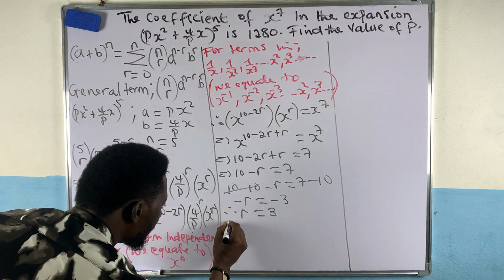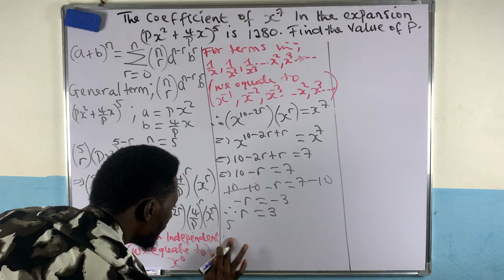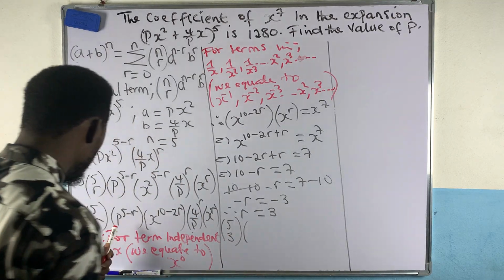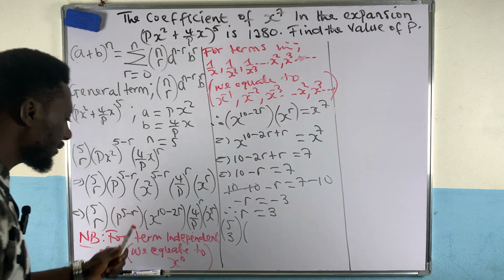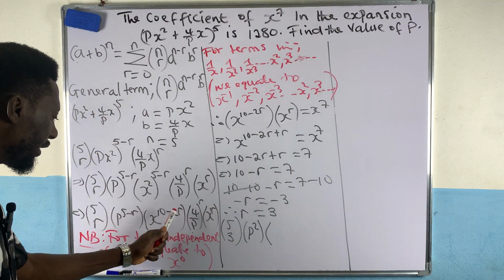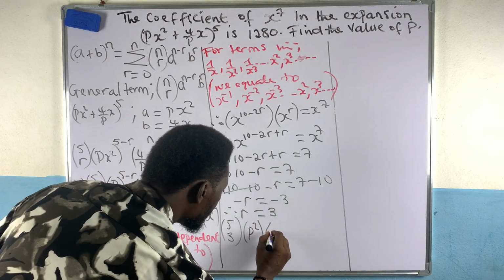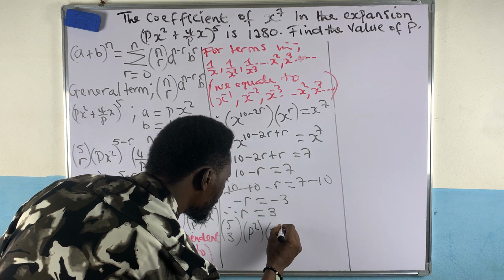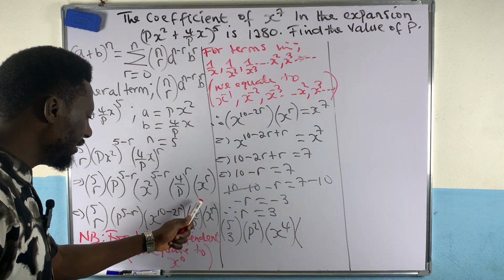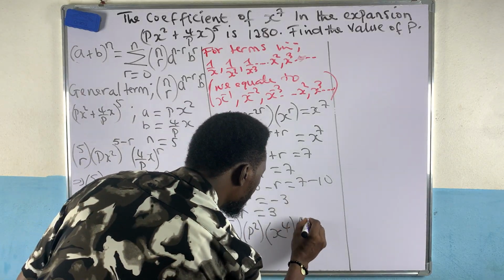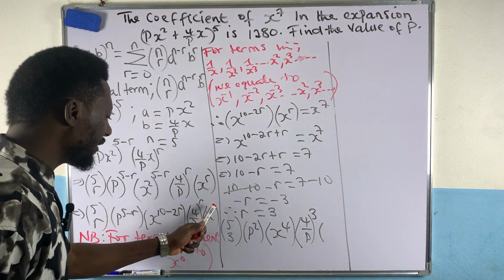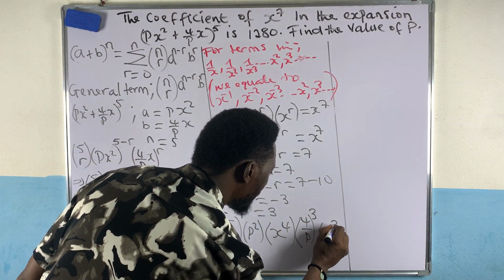So this step now becomes 5 combination 3 times p raised to the power 5 minus 3, that's p squared, times, substitute 3 for r here, will become 10 minus 6, that gives us x to the power 4, times 4 all over p raised to the power r, that's 4 on p, all that to the power 3, times x raised to the power r, so x raised to the power 3.